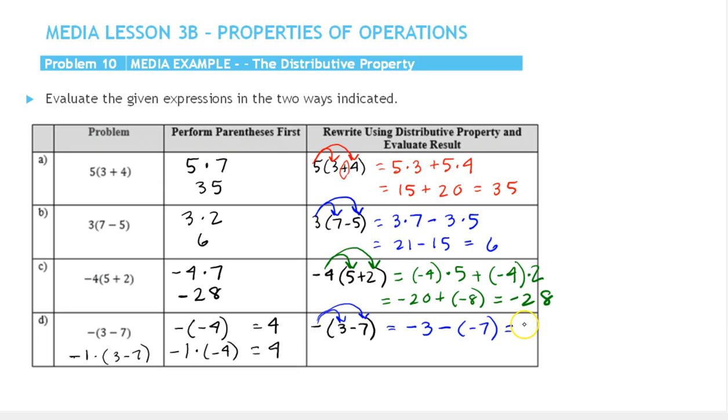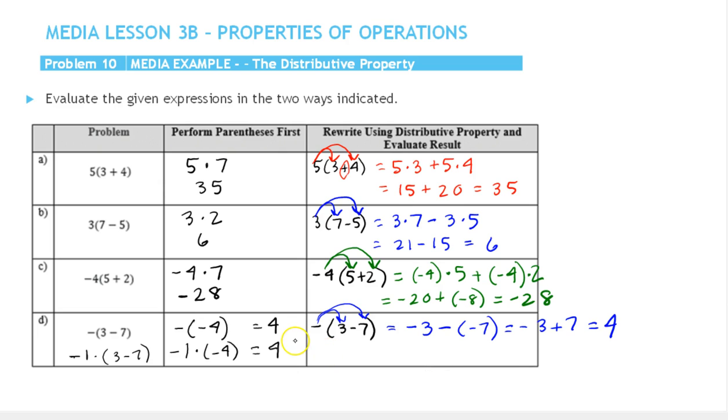Well, that would be negative 3. Subtracting a negative is the same as adding a positive. Negative 3 plus 7 is 4. So that's one way to think of this. Notice you're changing not just the 3, but you have to change the sign of everything in parentheses. These were both positive. I changed them both to negatives or their opposite.